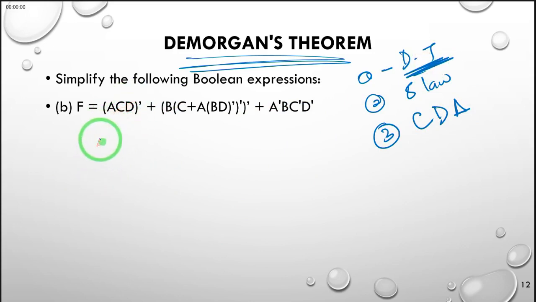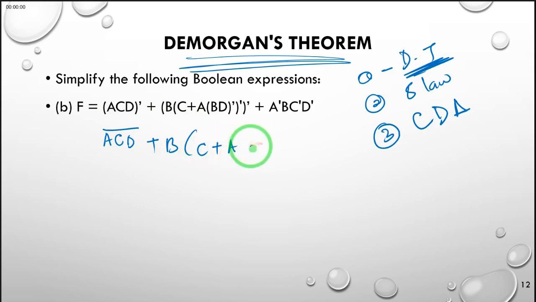So what we have in this case is A, C, D bar plus B, C, B into C plus A, B, D bar. You can see you have this apostrophe up outside the bracket. Then into the bracket, this bar means that all of these are barred.